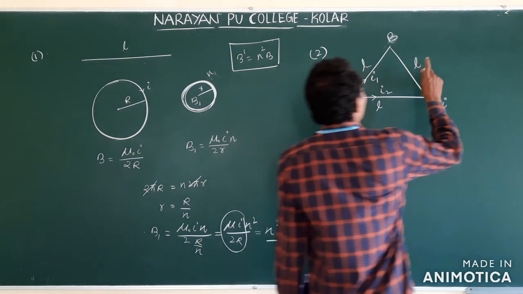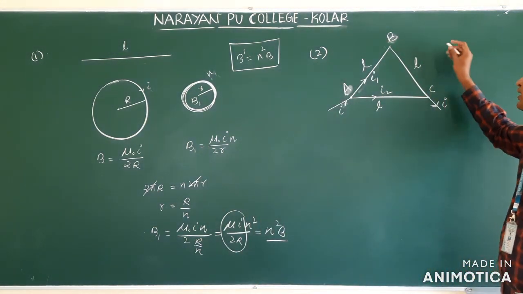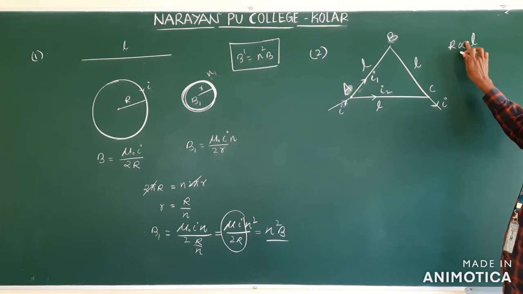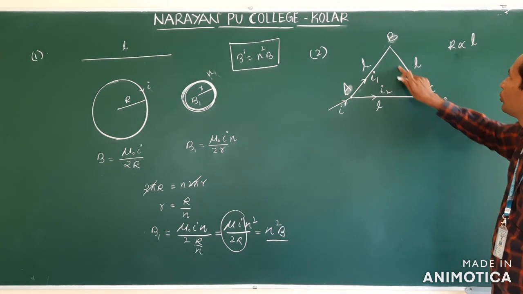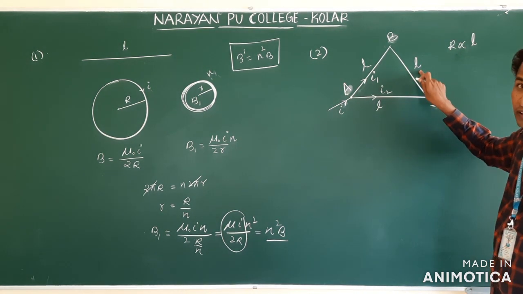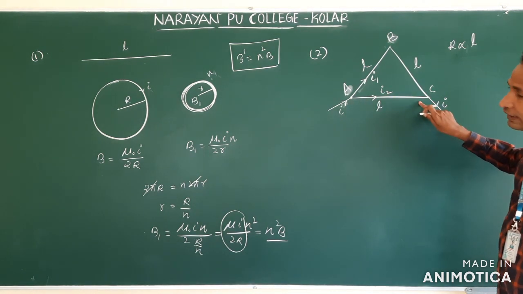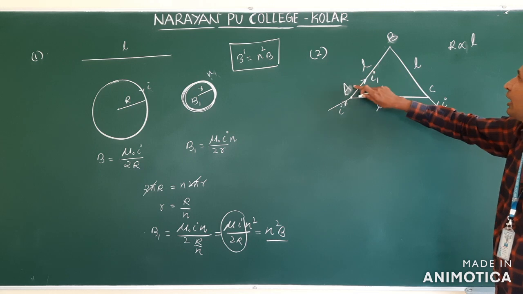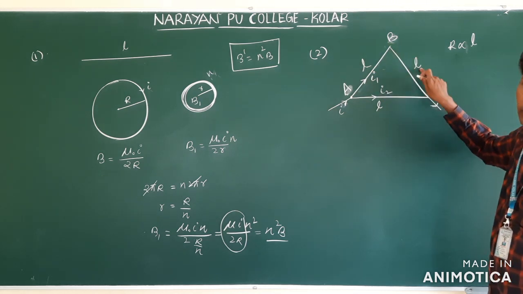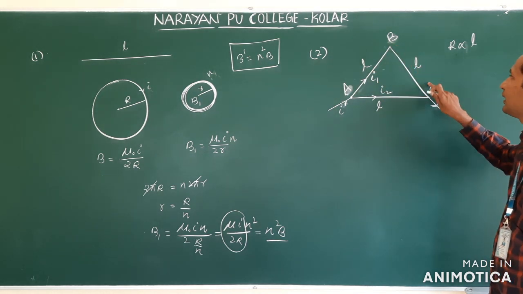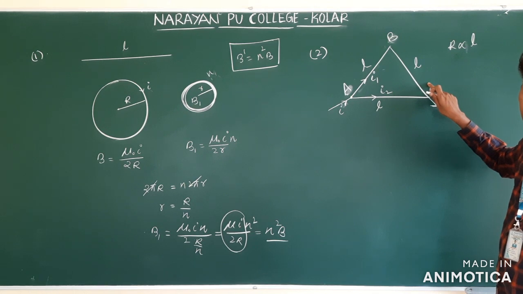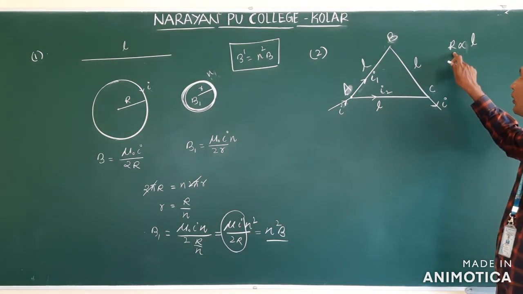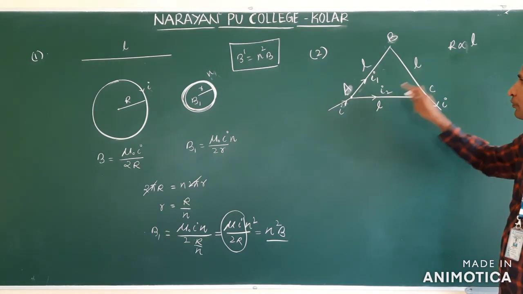Reason: what is the resistance of the conductor? The resistance of the conductor is directly proportional to L. So this side, L plus another L, is there, and this side L is there. So AB and BC together have conductor length 2L, so the resistance is, let us say, 2R.